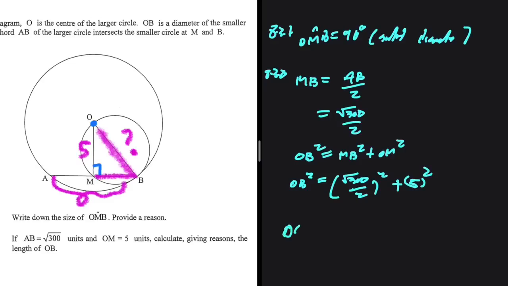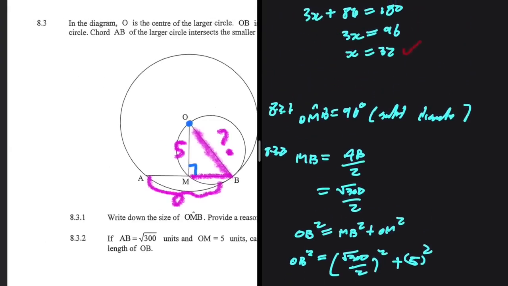So OB squared will be equals to, let me put that in my calculator. Square root of 300 divided by 2 squared plus 5 squared, that is 100. So OB is equals to 10, okay? If we take square roots on both sides, we get OB is equals to 10. So yeah, there we go.